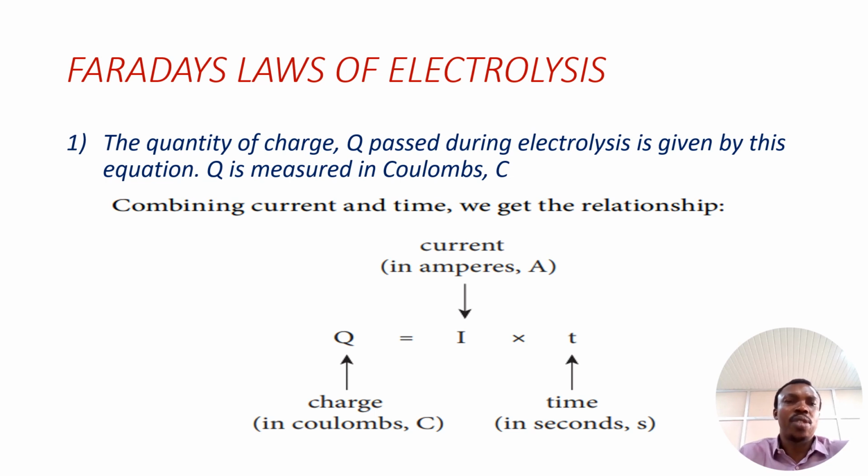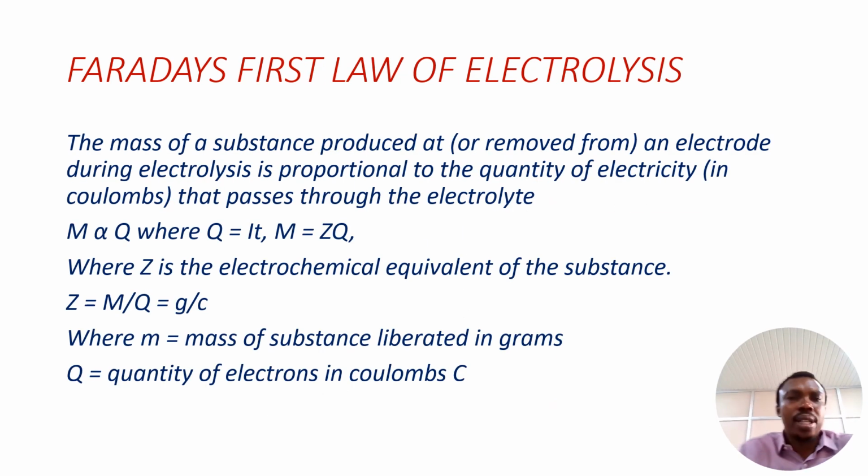So the quantity of charge, or the quantity of electricity passed through, is equal to current times time. Current is in ampere, time is in seconds, so you have to convert the time to seconds to get the quantity of charge. Q is equal to IT.